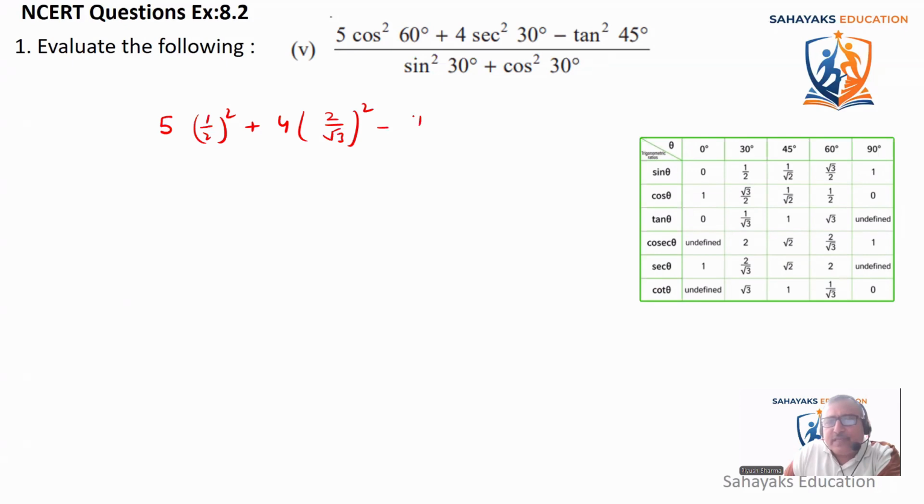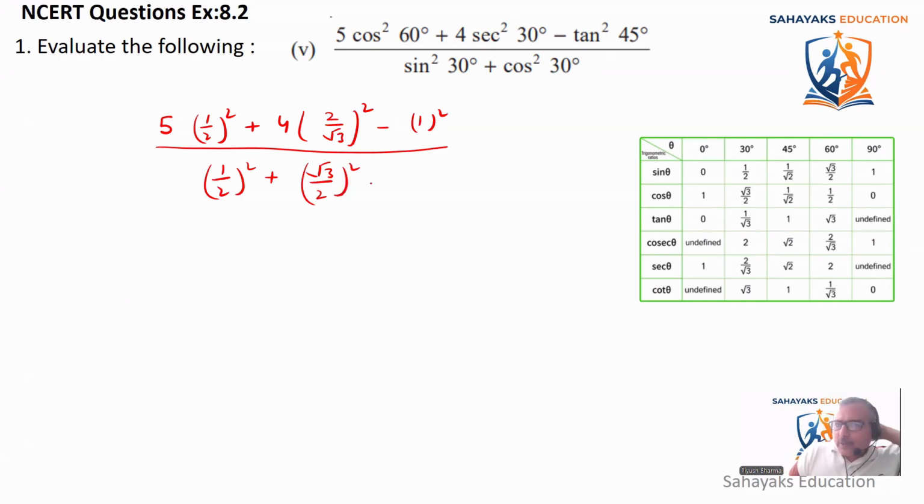tan square 45. You know tan 45 is 1. So we'll say 1 square divided by sine square 30. Sine 30 is 1 by 2. So we'll say 1 by 2 square plus cos square 30. Cos 30 is root 3 by 2, square. Okay, so let's find out.